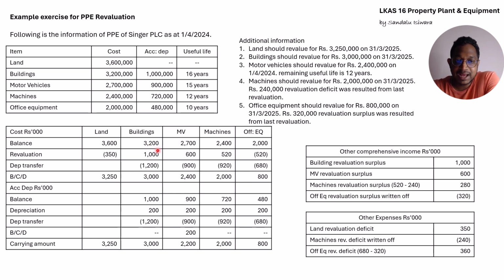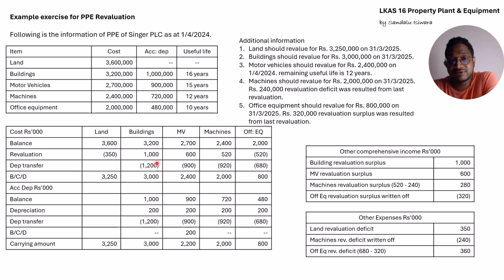The buildings' cost is 3,200 and the accumulated depreciation is 1200. So 3,200 minus 1200, the carrying amount of the buildings as at the revaluation date is 2000. So the 2000 carrying amount worth of buildings, you are revaluing for 3000.